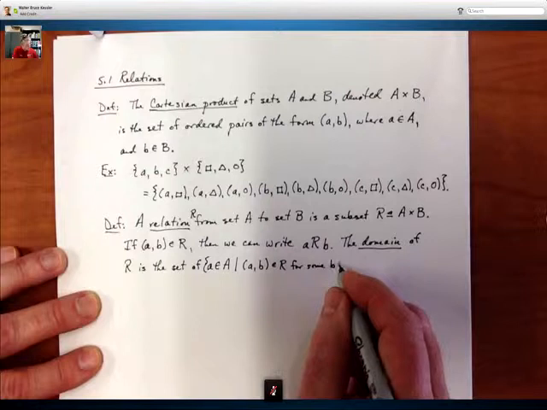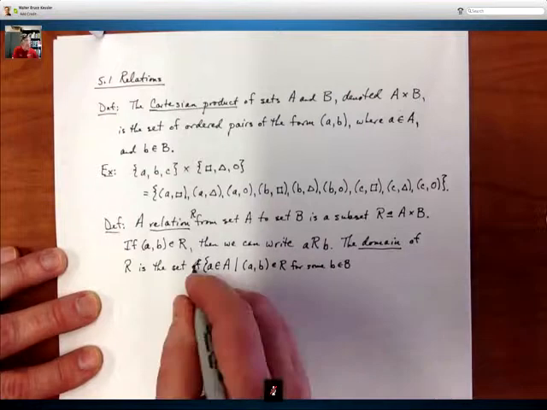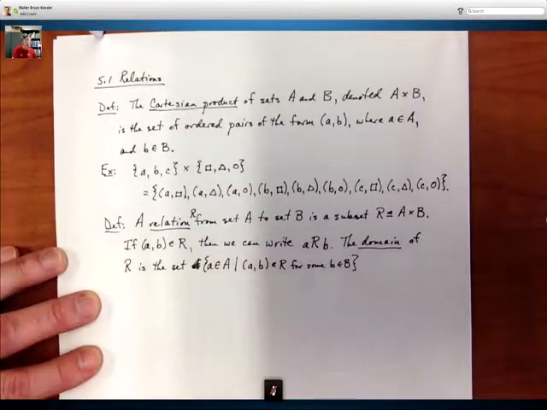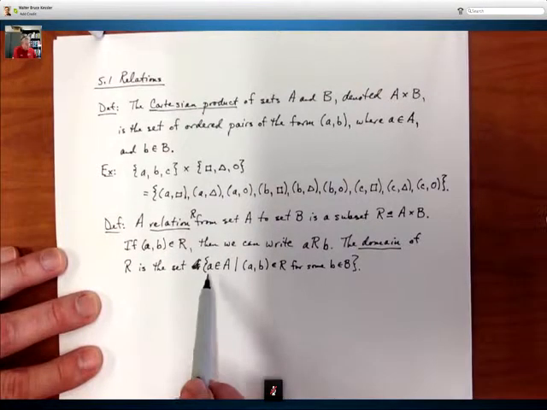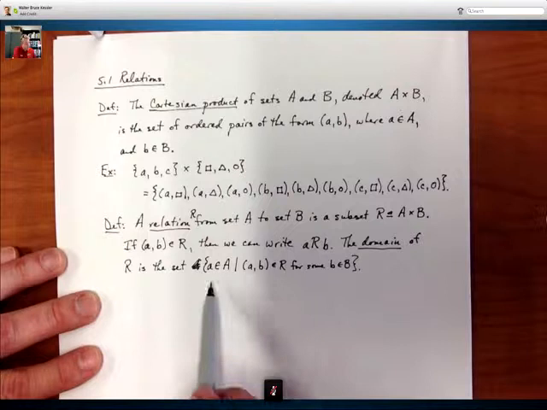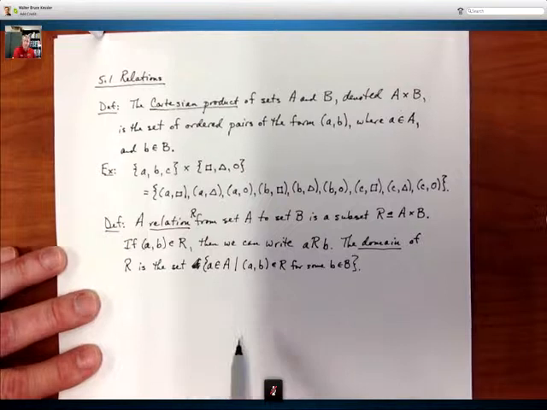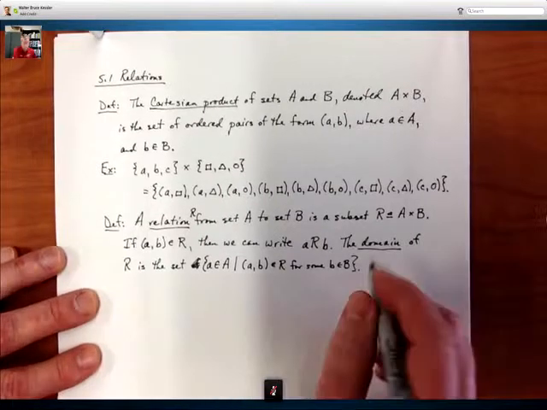So it's everything in the set A that has an ordered pair that goes with it.